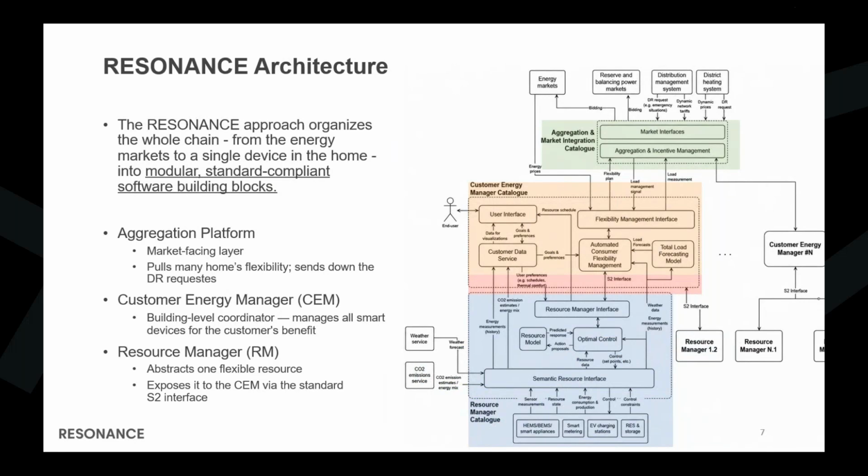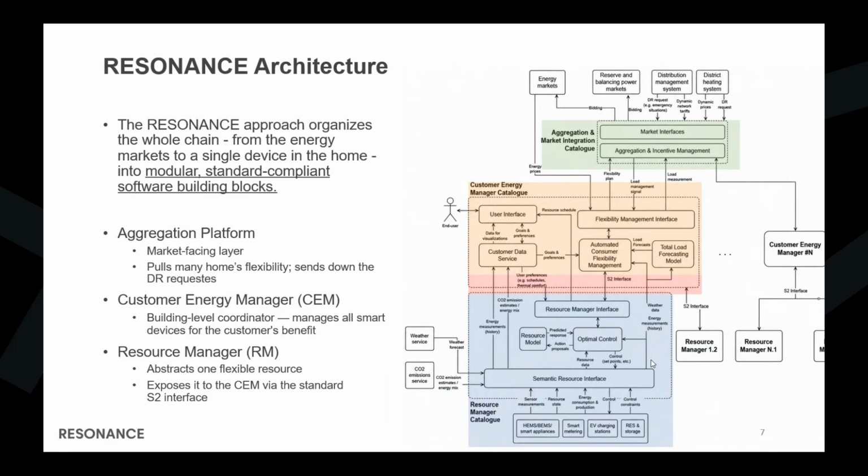The CEM uses price signals from the markets and aggregators, and through its automated flexibility management tool, it decides how to operate the connected flexible devices. It talks upward to the aggregators and markets and downward to the resources. But the important thing is that it never talks to a device directly. That's the job of the resource manager that we have at the bottom. A resource manager represents one flexible resource, for example, a single device like a heat pump or battery.